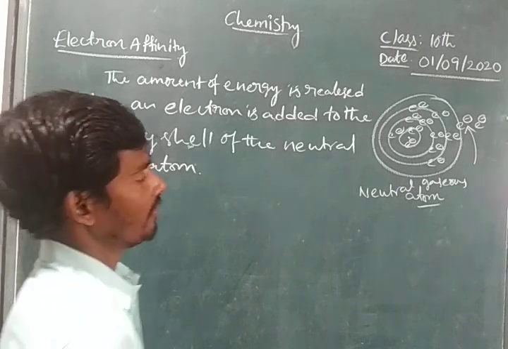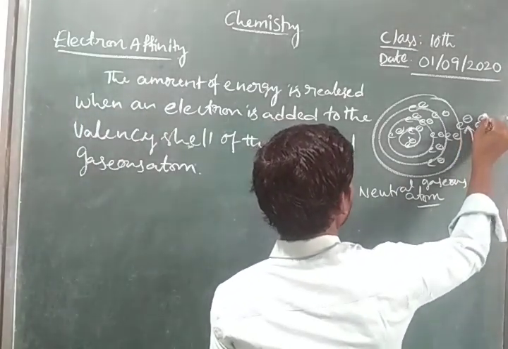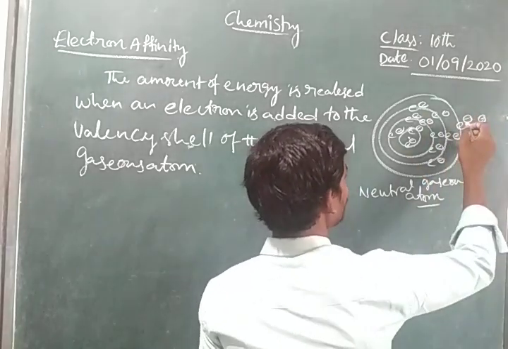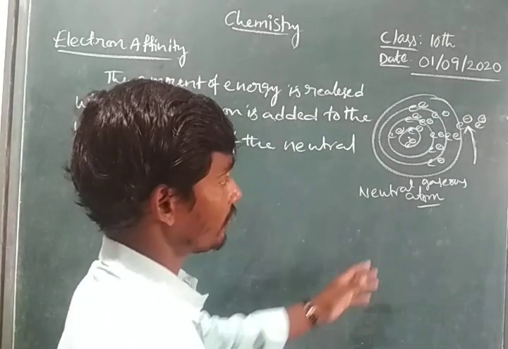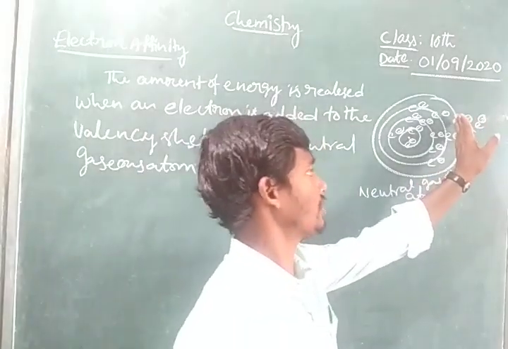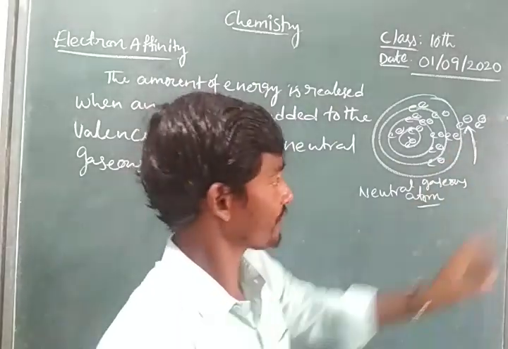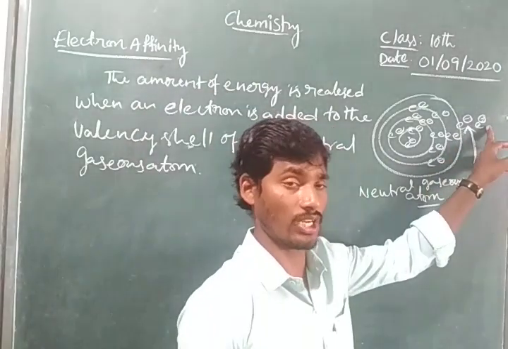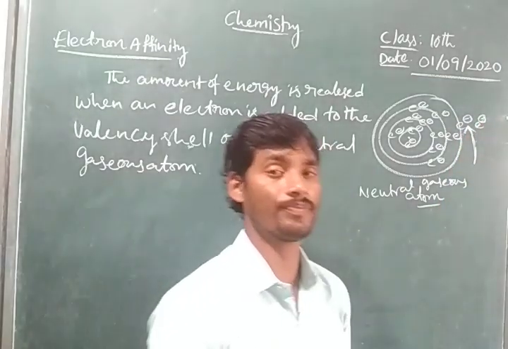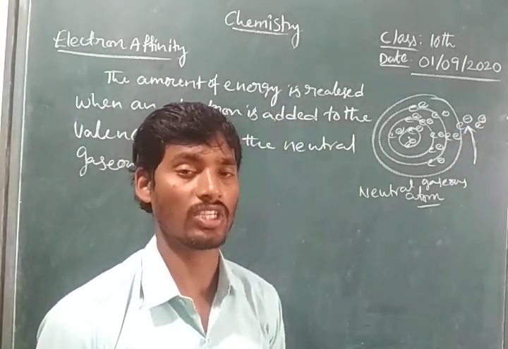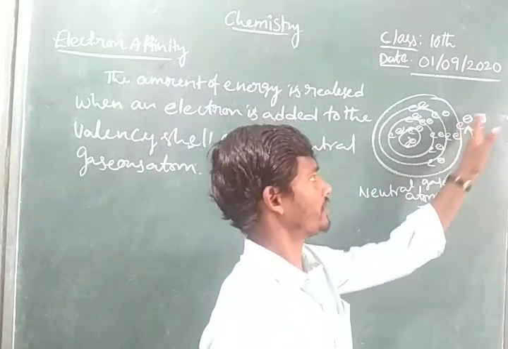When an electron is added to the valence shell of the neutral gaseous atom, the charge of the electron is negative charge. Both are negative, so what will happen, children? Both are repelled by each other. One electron is repelled by another electron.